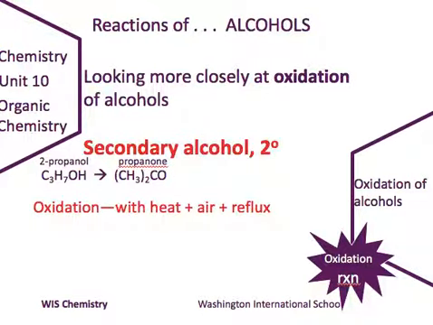With a secondary alcohol, the OH group would be attached to a carbon atom that is attached to 2 other carbon atoms, and you're going to end up with a ketone with the characteristic CO group, and here you've got 2 methyl groups attached to it as well.